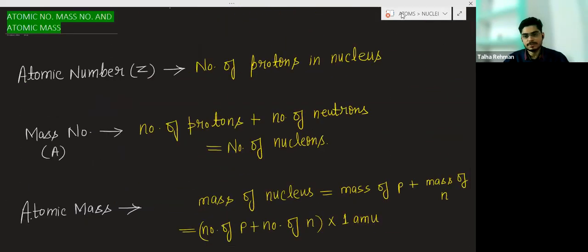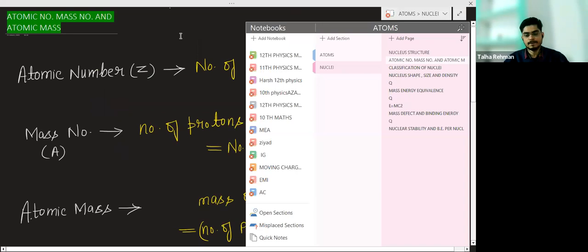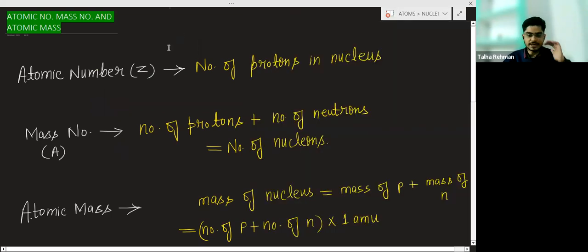I have started this chapter, nuclei. I am telling what is atomic number, what is mass number, and what is atomic mass of some element. Once again, the atomic number of an element is basically the number of protons in the nucleus.